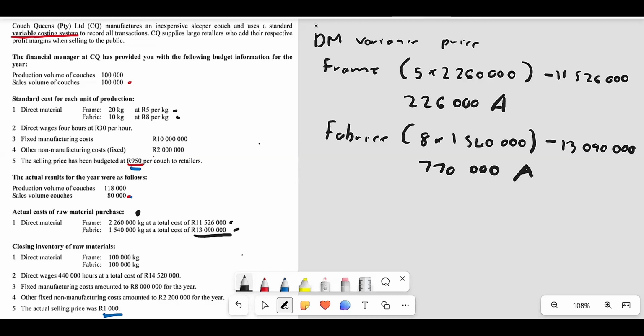Can I quickly confirm this one, as I think I made a typo? Okay, perfect. There's no typo. Now this is basically how you calculate your direct material price variance.